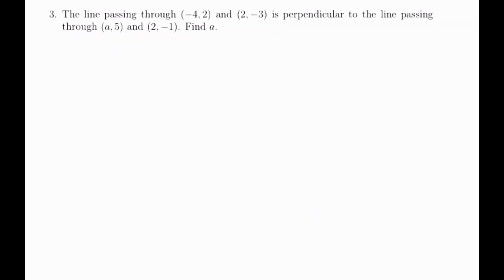So the line passing through (-4, 2) and (2, -3) is perpendicular to the line passing through (a, 5) and (2, -1). We take these as x1, y1, x2, y2, and in the same way for the other. Let's say the slope of the first is m1 and the slope of the second is m2.